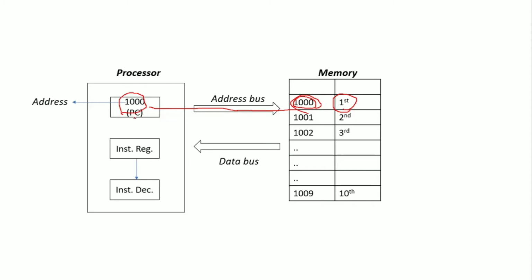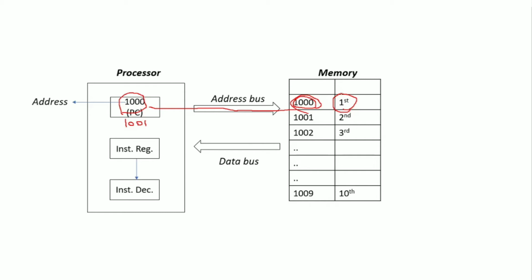Here you can see that the program counter is very important to fetch the values present in memory. Once the value is fetched, simultaneously during the fetching process, the program counter will get incremented. Now the program counter will not have the value 1000. It will have the value 1001, meaning the address is incremented.